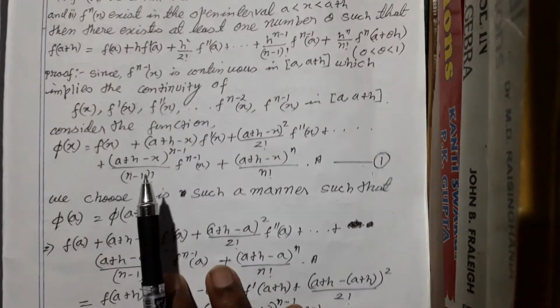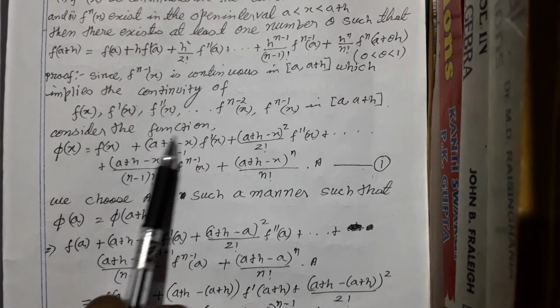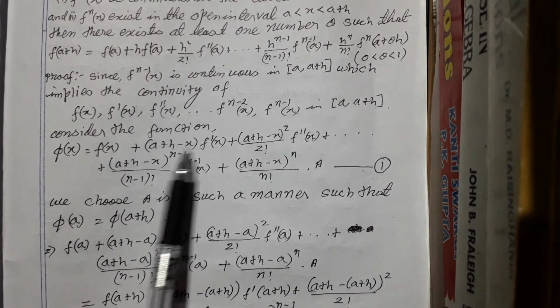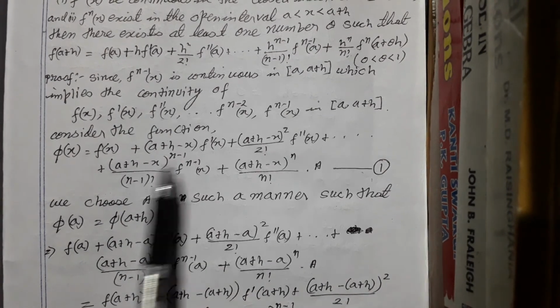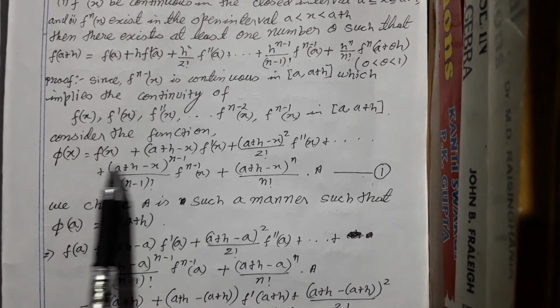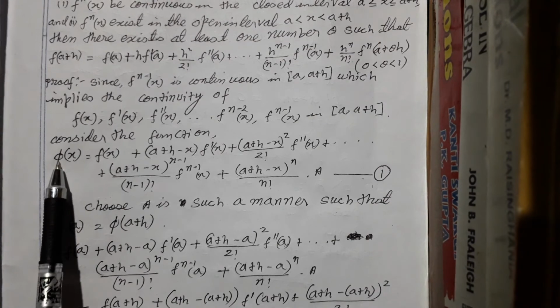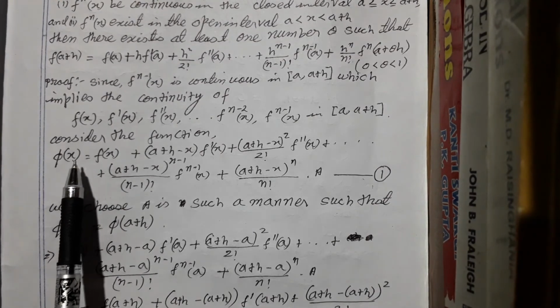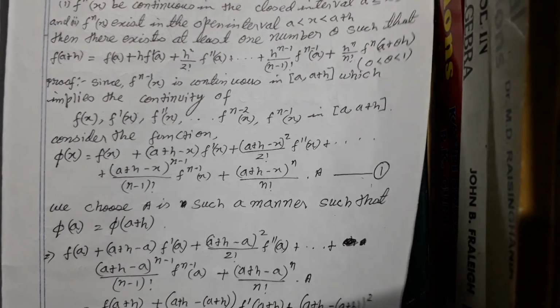Now we can see that since we had defined phi x as f x, and we know this is continuous, the product of two continuous functions is continuous. In a similar way, this is also continuous, and this is also continuous. The sum of continuous functions is continuous in the closed interval. That is the reason why phi of x is continuous in the closed interval a to a plus h.